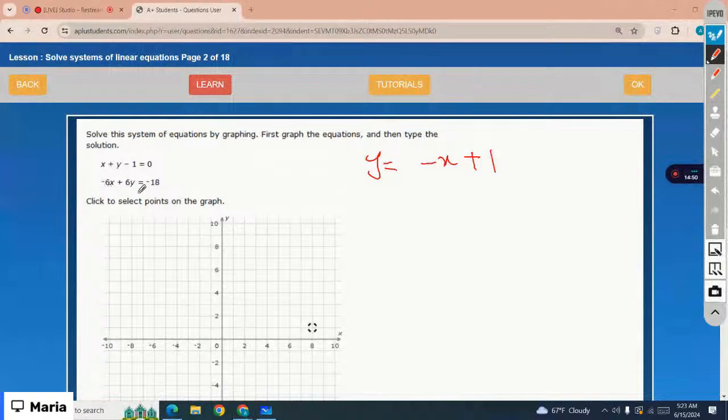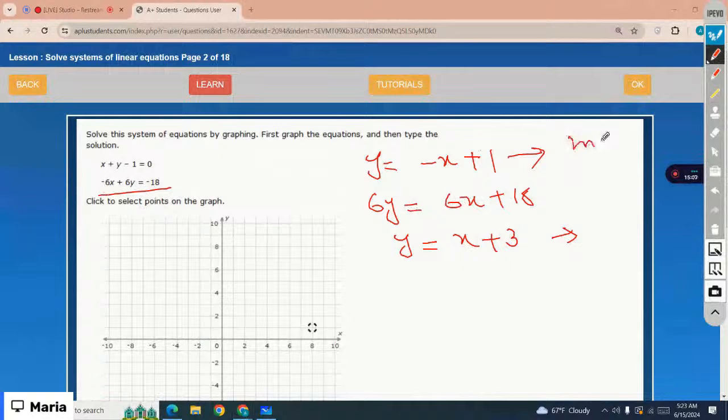And this equation you need to write in this form: 6y equals 6x plus 18. Divide this equation by 6. So that would be y equals x plus 3. For this one, the slope is -1 and the y-intercept is 1. For this one, the slope is 1 and the y-intercept is 3.